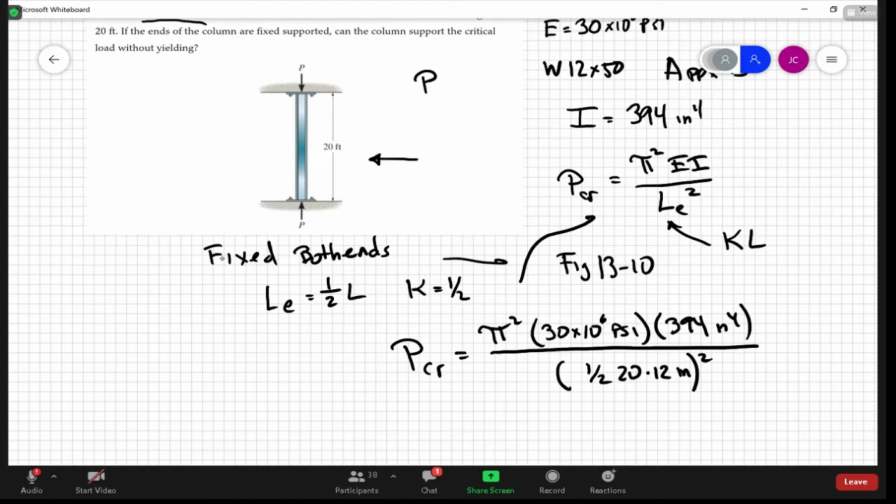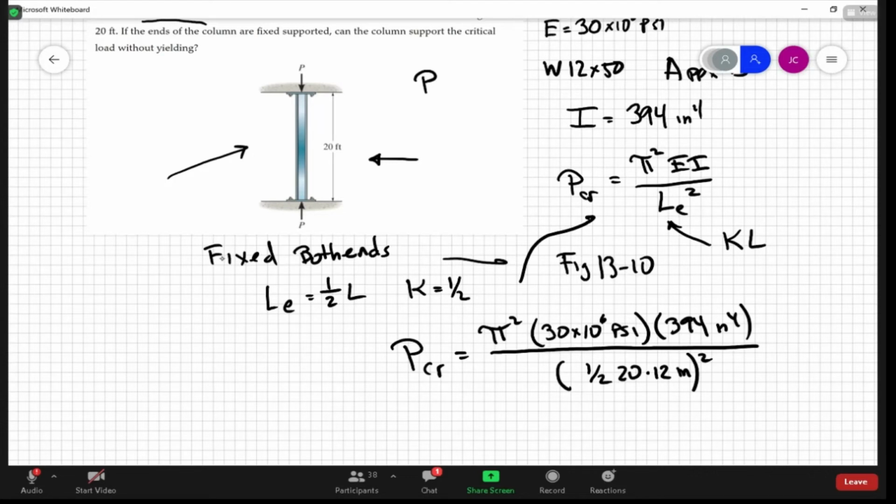Let me ask you this: in comparison to pinned, is the buckling load greater when it's fixed than pinned, or less? While I get the calculator going, I think it's going to be greater.